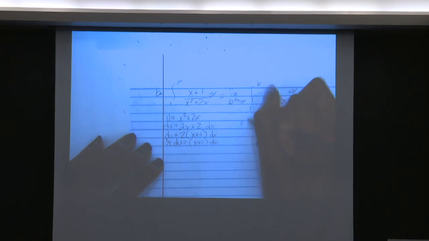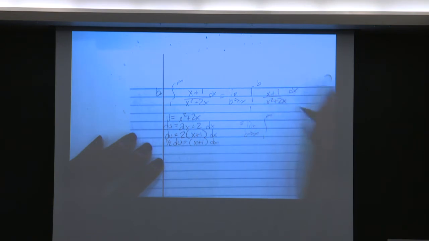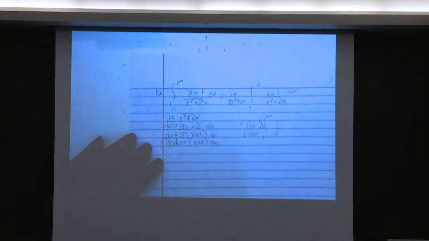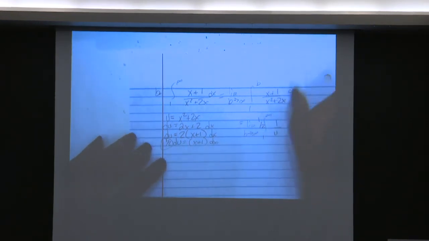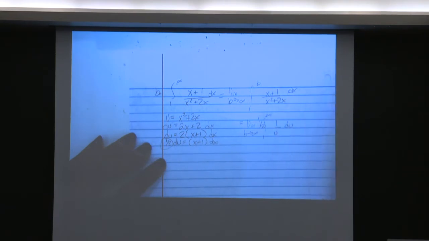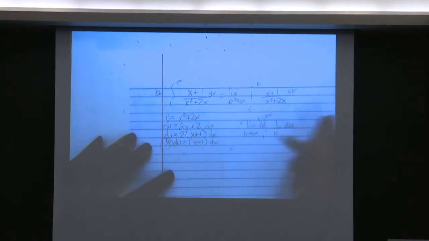And that goes on to give me the limit as b approaches infinity, 1 to infinity. So my bottom is my u. I have a 1/2 outside, so don't forget your constants. Du. The integral of 1 over u is ln of u.